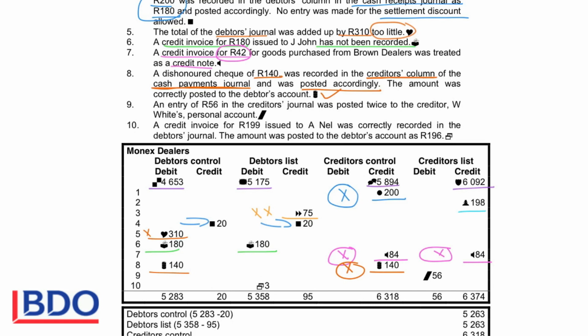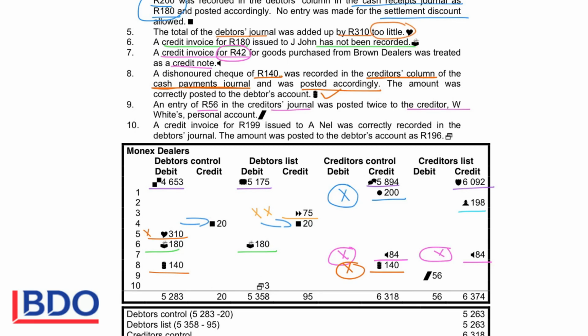If we look at number 9, an entry for 56 in the creditor's journal, so that's when we bought goods, was posted twice to the creditor's personal account. There's no mistake in the journal, so there's no mistake in the creditor's control.